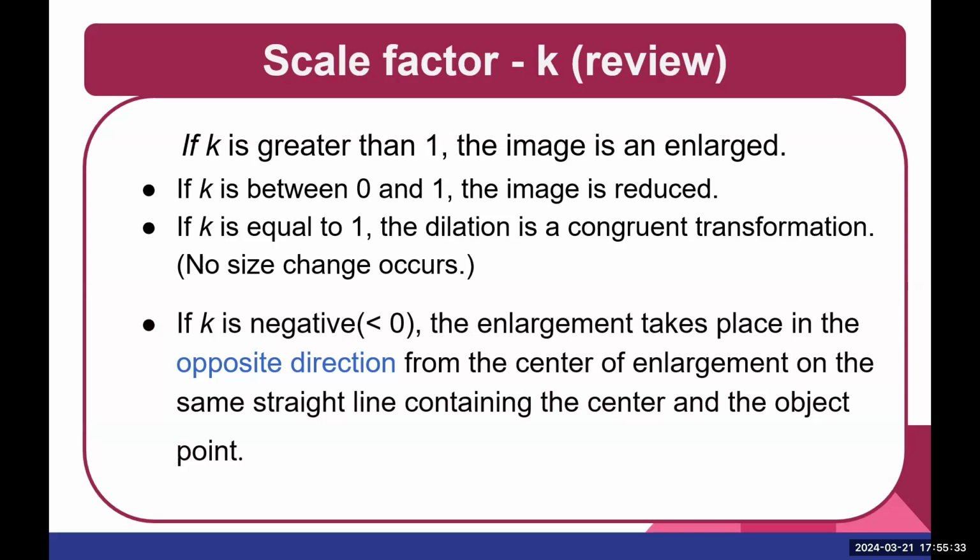And if k is negative, or less than 0, the enlargement takes place in the opposite direction from the center of enlargement, on the same straight line containing the center and the object point.